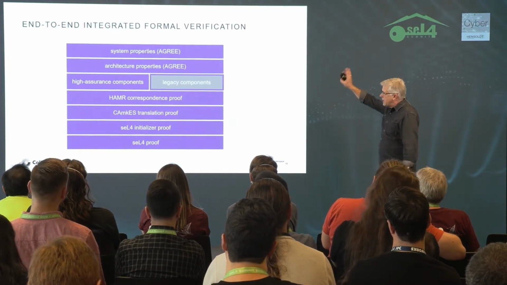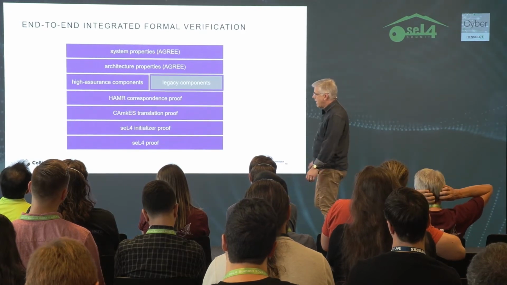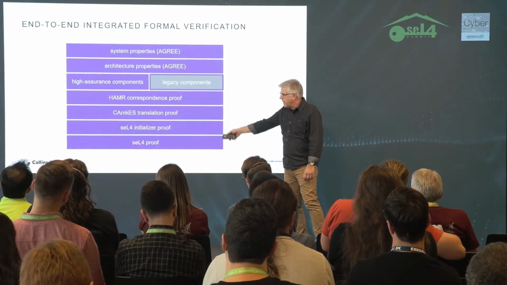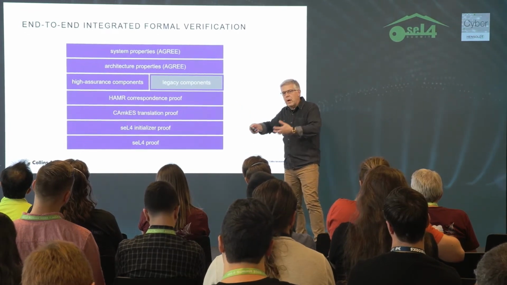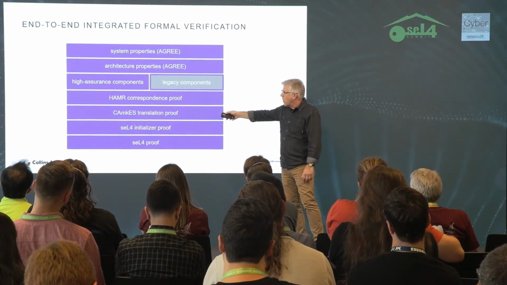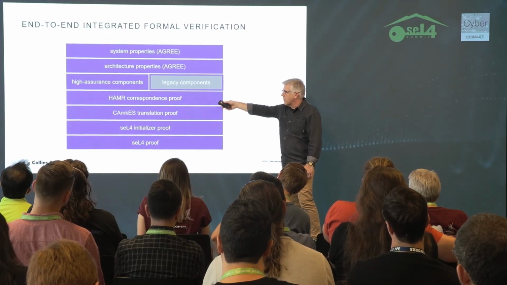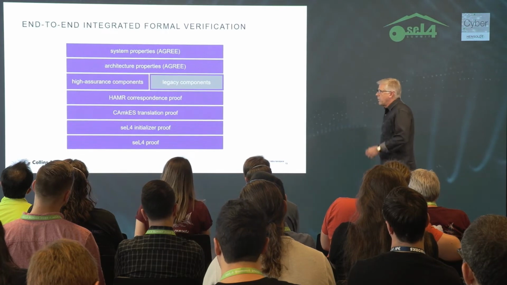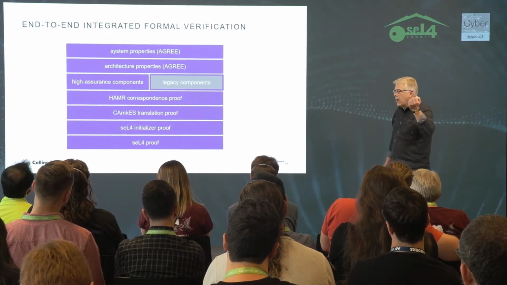All right, so this is the high-level picture of what we're trying to achieve here. We're starting with the SEL4 proof, the initializer proof that shows that we'll boot up and the capabilities that we want are there, the CAMKeys translation proof, then the Hammer correspondence proof, and then we have our high assurance components that have been proved to satisfy their properties.